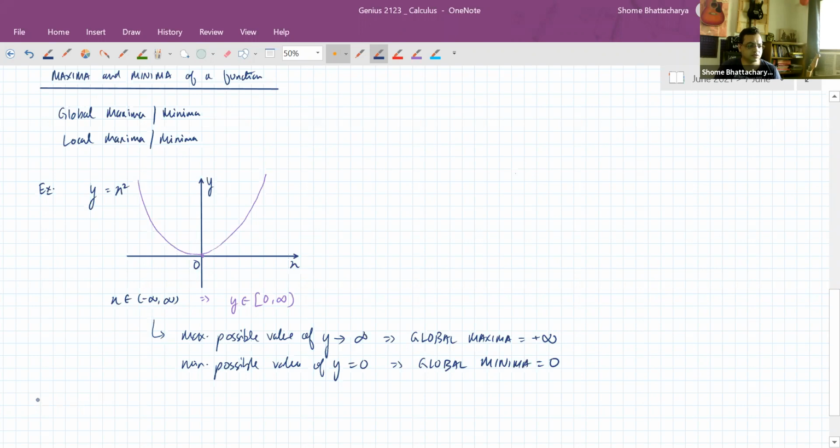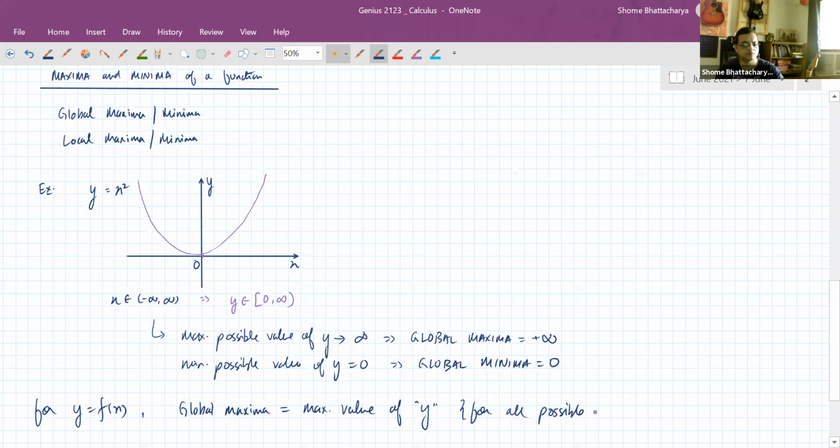So if the function is y is equal to f(x), we say that global maxima equals the maximum value of y for all possible values of x, or in better mathematical language, for the given domain of x.